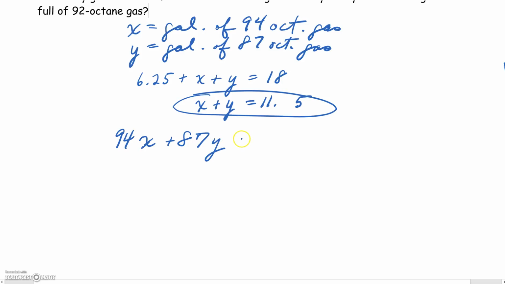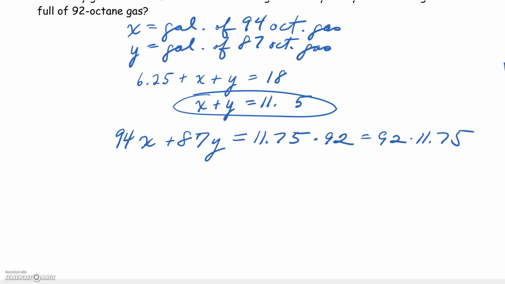And this must, of course, add up to the amount of gas that we're adding, which is 11.75 gallons, and its octane is 92. I could have written it as 92 times 11.75, so that the form is the same as on the left side. This is our second equation.